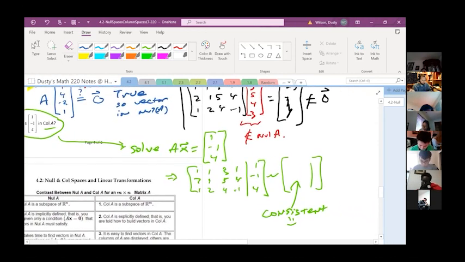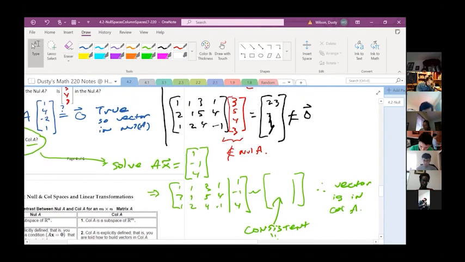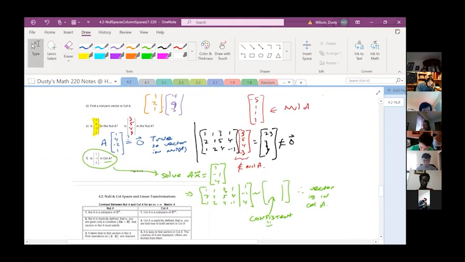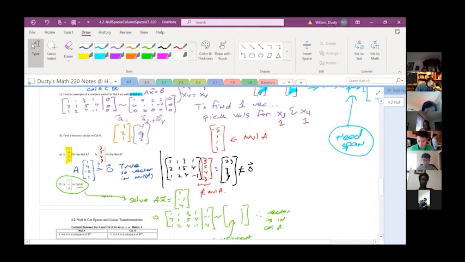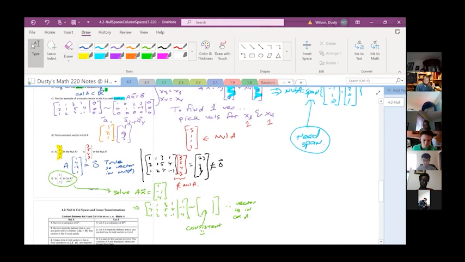And so since it's consistent, therefore the vector is in the column space. Okay. Questions?